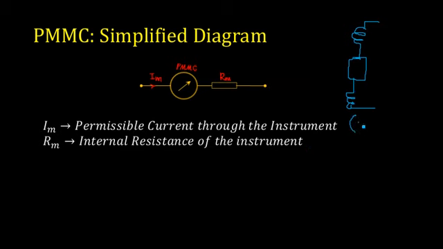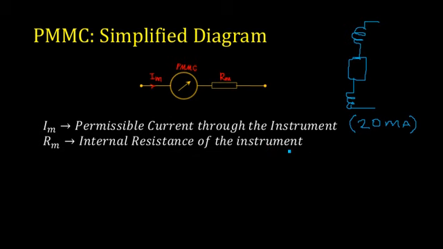In the last lecture you had already seen that the maximum allowable current through the PMMC instrument is 20 milliamperes, because you have a very fine or thin spring which is attached here, and this spring will be allowing you to send only 20 milliampere through it. If more current is passed through this arrangement, it might burn out the spring or the entire arrangement. So here you have a limitation of the current that can be flowing through this particular instrument.